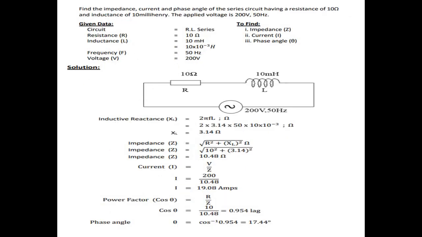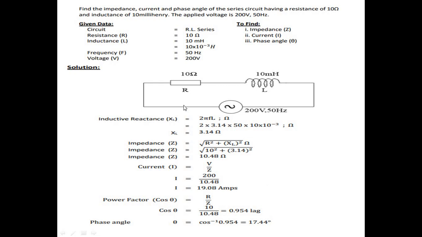Next, find the impedance, current, and phase angle of the series circuit having a resistance of 10 ohm and an inductance of 10 millihenry. The applied voltage is 200 volt.